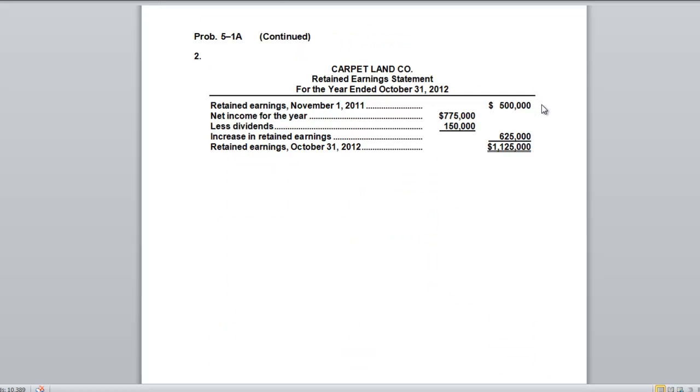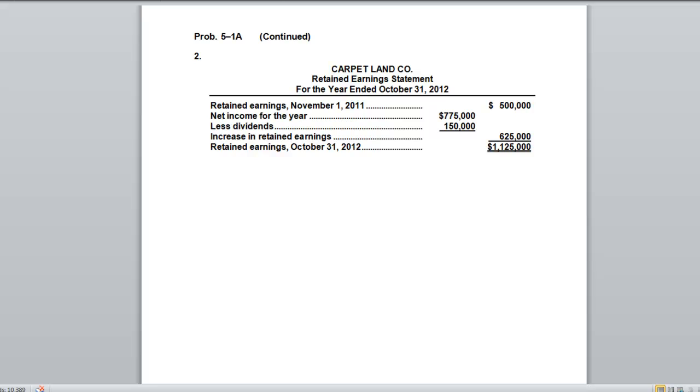Okay, so we can tell from looking at the beginning figures that we have a starting balance for our retained earnings of $500,000, right? That's just given to us. The next step is to add in our net income for the year, and we know from the previous financial statement that we prepared that was $775,000.